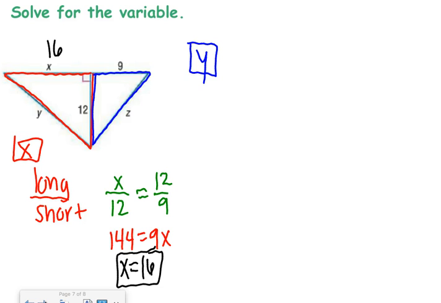I got Y over... Where's our right angle?